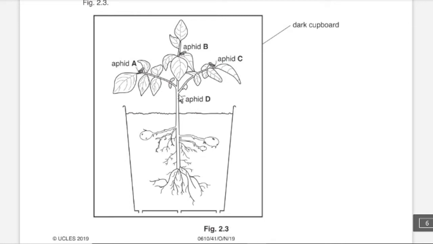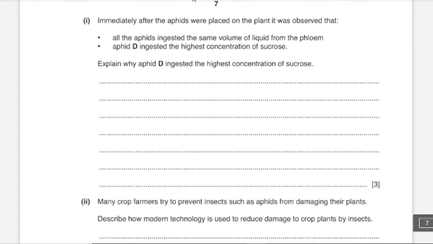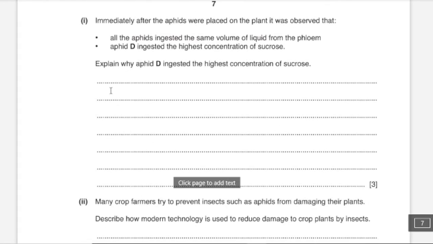And then the remaining sucrose gets distributed, which means the concentration of that sucrose is going to be less than it was over here for aphid D. So ABC hence get a much lower concentration of sucrose. We need to mention all of the points which we've discussed above.